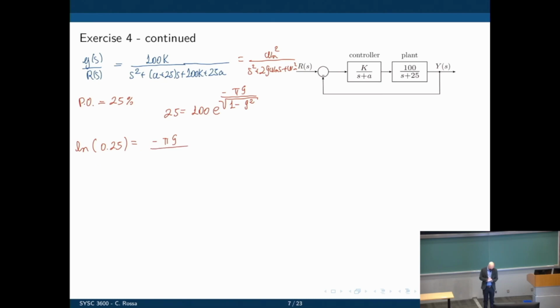And we have this as a result. That square root is kind of a bit inconvenient there. We can square both sides of the equation to get rid of it. So we have natural log of 0.25 squared. Then I can move this to this side, equals pi squared zeta squared.